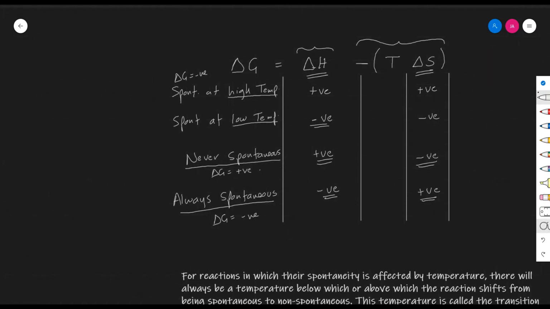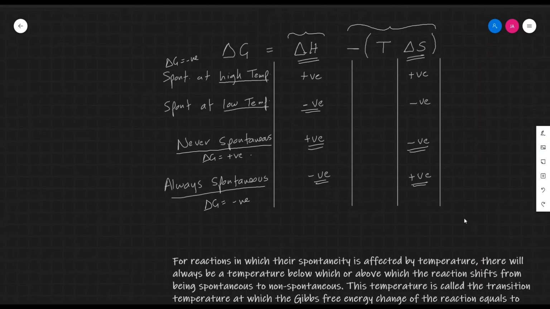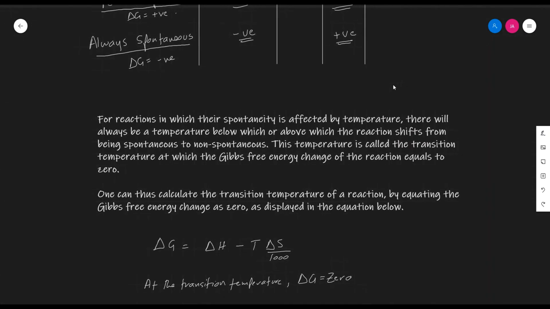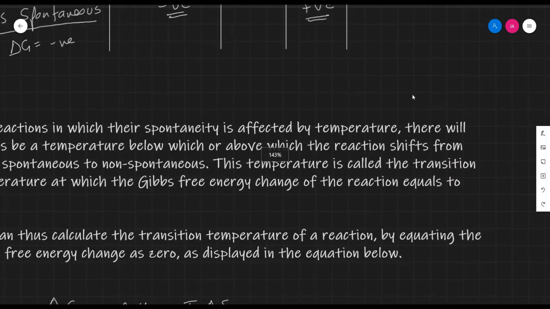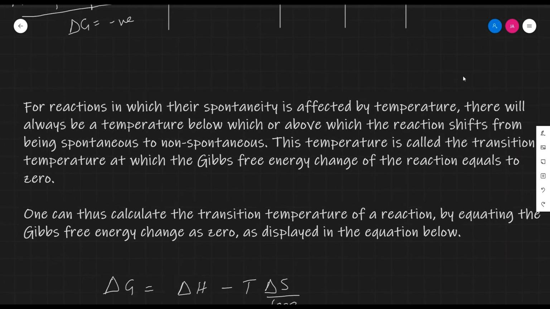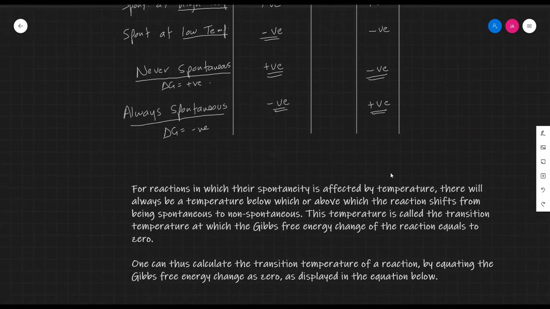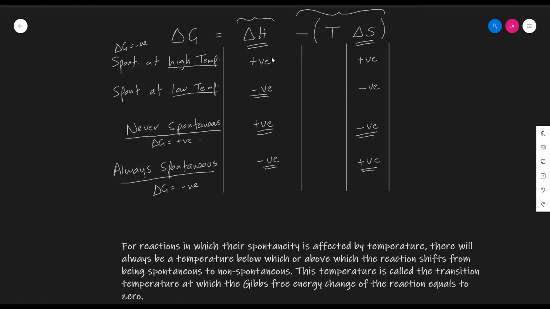I have stated here once again, if we were to consider the first two examples in which the signs of the enthalpy change and the entropy change of reactions are the same, whether they're positives or negatives, as I stated, the spontaneity of the reaction is affected by the temperature.